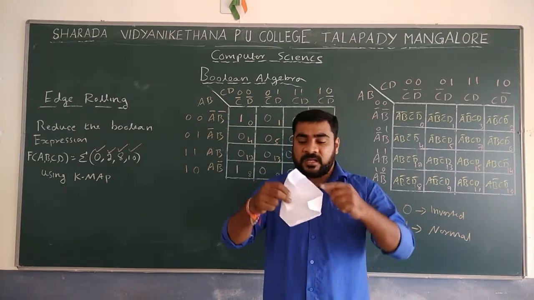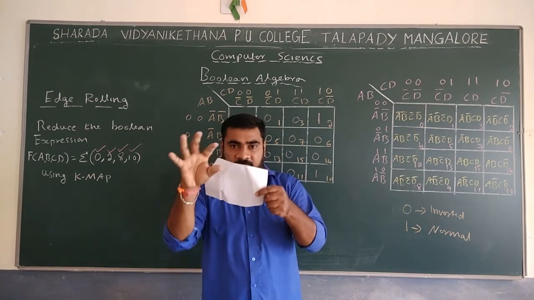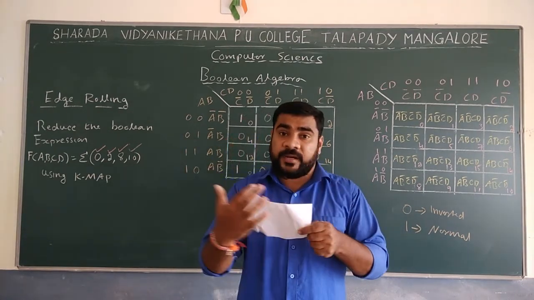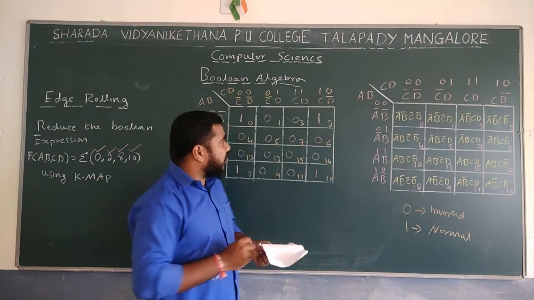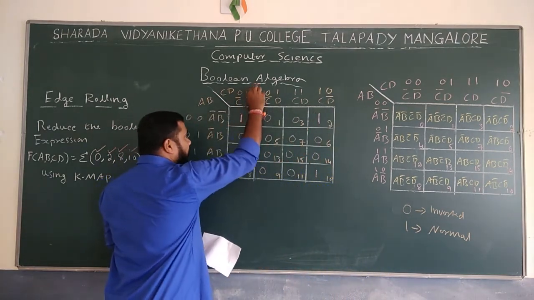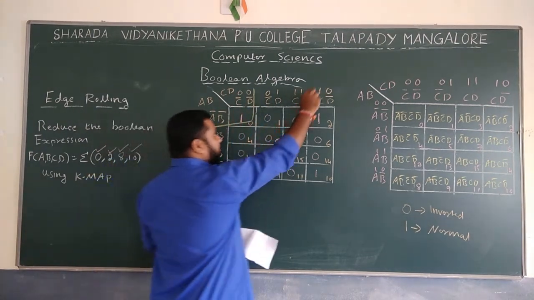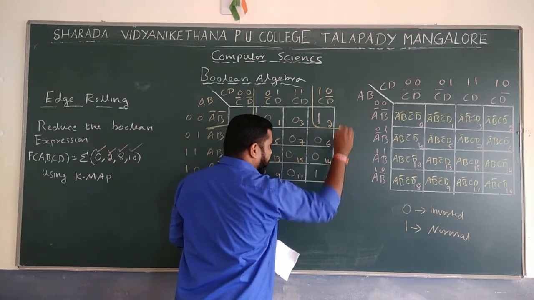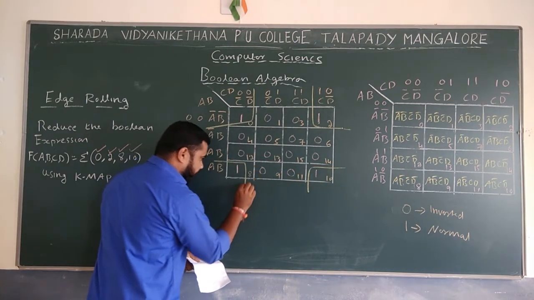That grouping concept means, if you take this as a K-map, these 4 edges you can treat as a single group. So whenever 4 edges are there, the first one is 1, then this one, and this one, and finally this one.